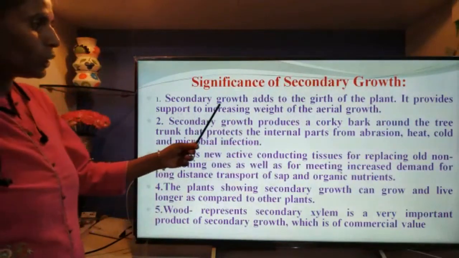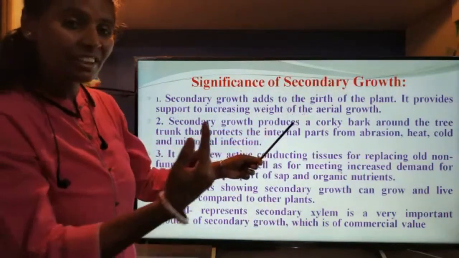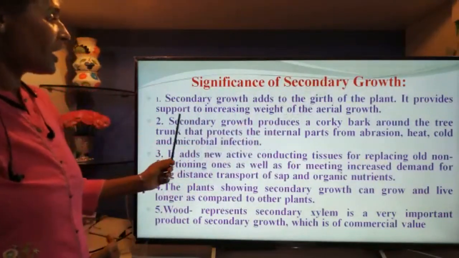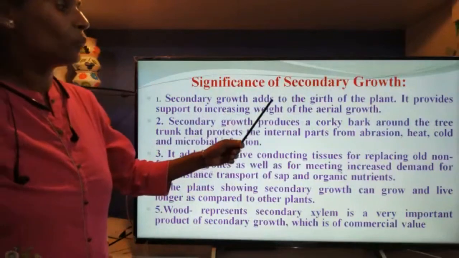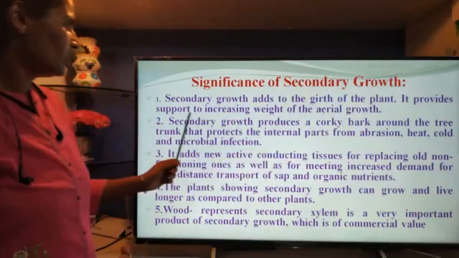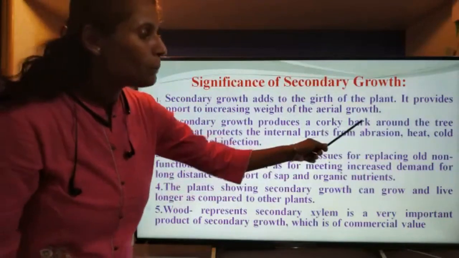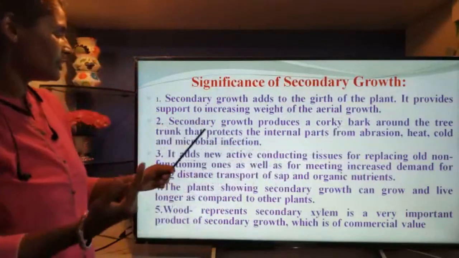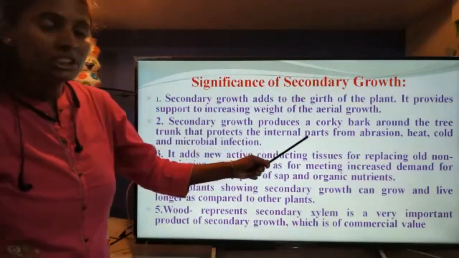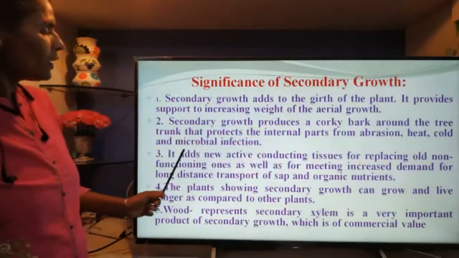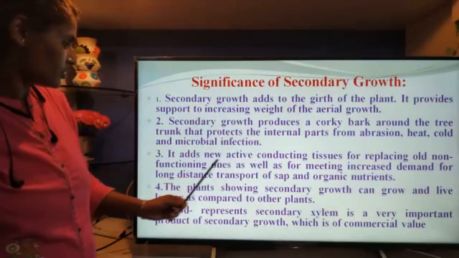The secondary growth adds to the girth of a plant, or increase in the diameter of the plant. It provides support to the increasing weight of the aerial growth. Second, secondary growth produces a corky bark around the tree trunk that protects the internal part from abrasion, heat, cold, and microbial infections.